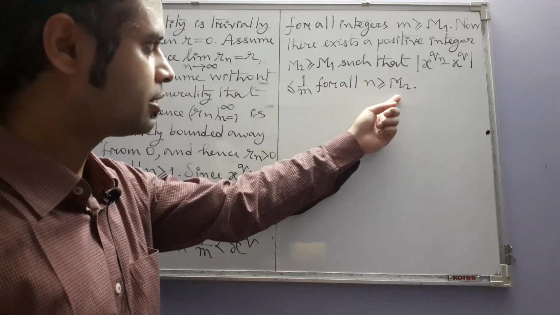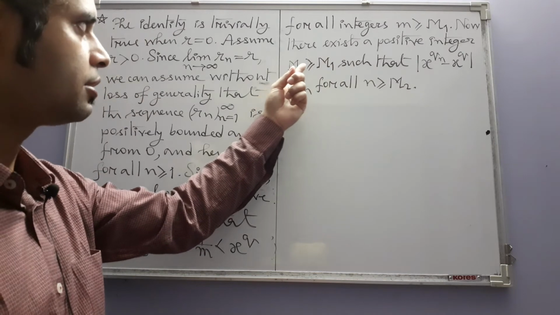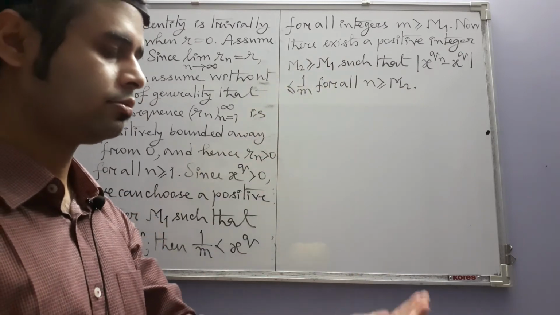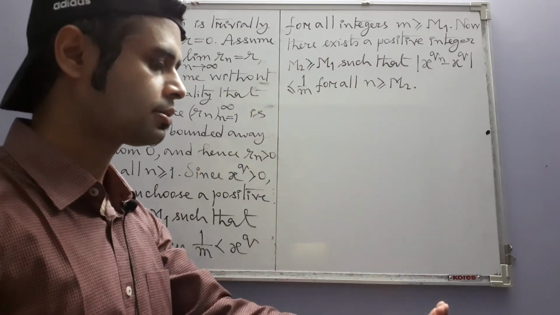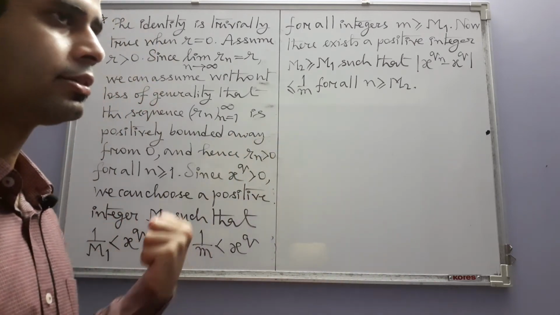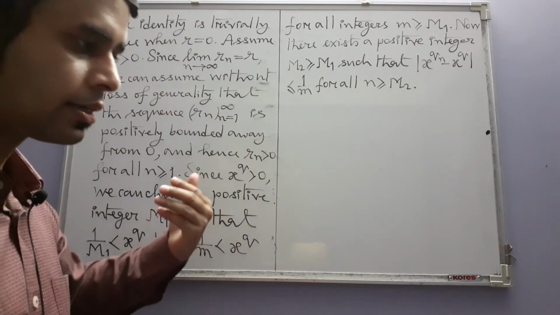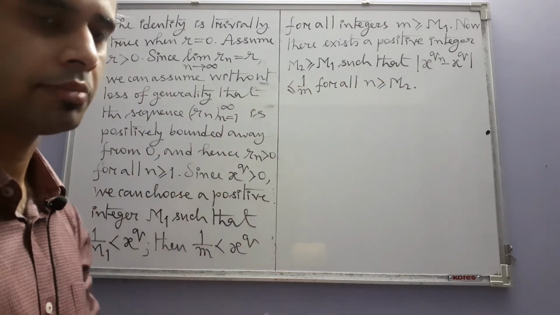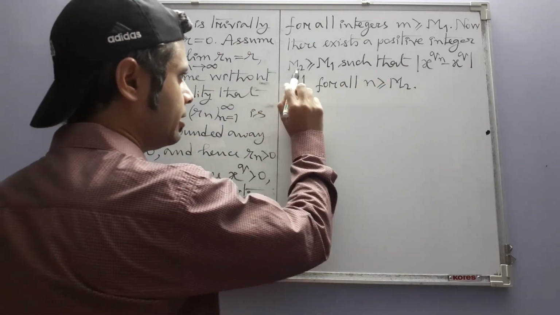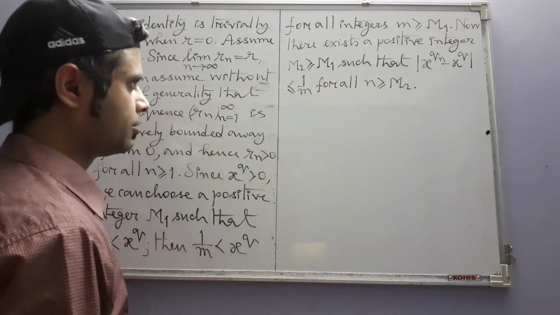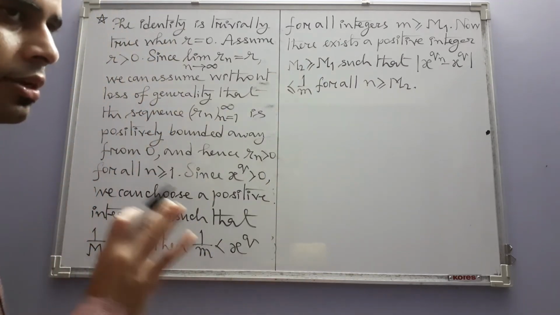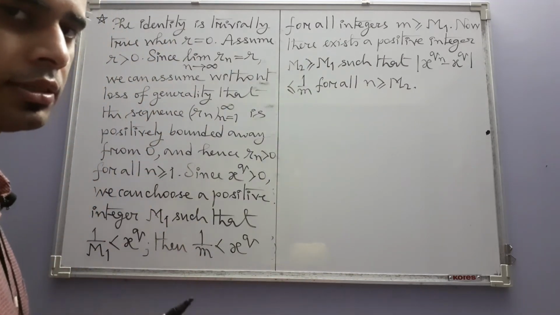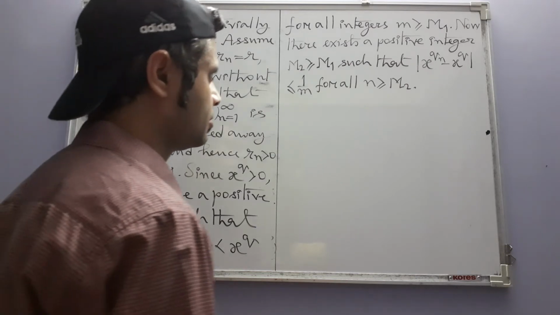If you have got one such stage, then you can choose a larger such stage, and starting from that onwards also whatever you want is happening. So we can choose that m2 to itself be greater than or equal to m1. This has also been done for some technical reasons.